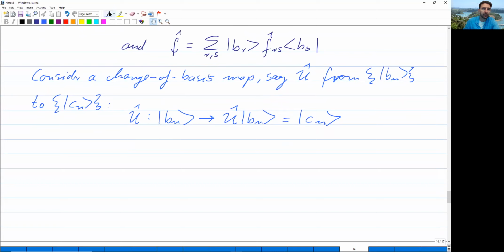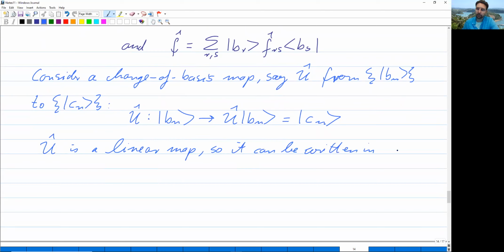Now, U hat is a linear map, so it can be written in a basis in this way, or in this form. Let me show you.